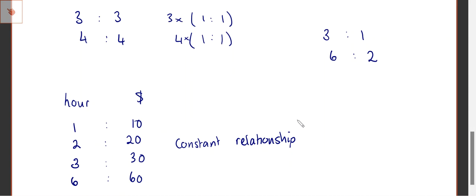All of those then are equivalent ratios. And we can justify it because 2 to 20 is 2 times 1 to 10. 3 to 30 is 3 times 1 to 10. 6 to 60 is 6 times 1 to 10.